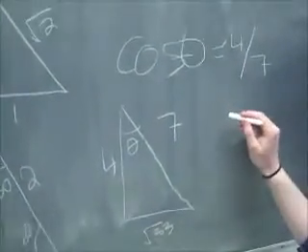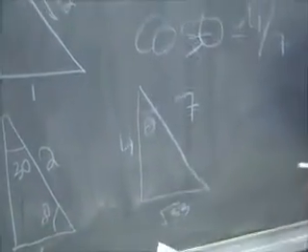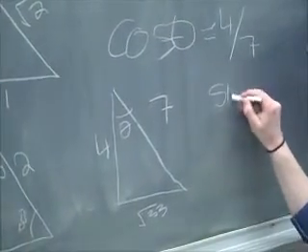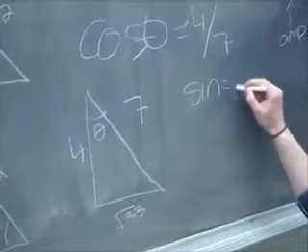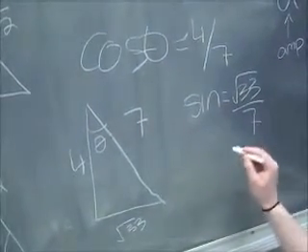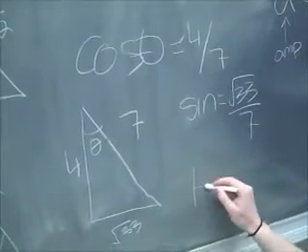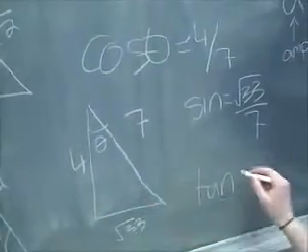And so to find sine, cosine, cosecant, secant: sine is going to just be opposite over hypotenuse, so root 33 over 7. Cosine is already given, and then tan is going to be opposite over adjacent.